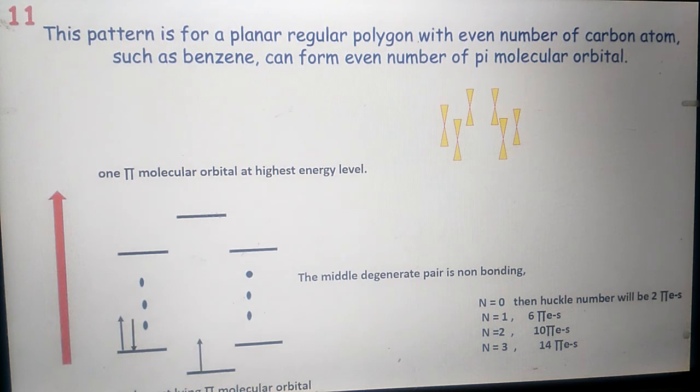If we take the example of benzene, which consists of 6 p orbitals and 6 electrons, and we accommodate them in this, we get a closed shell structure, and it is according to Huckel's rule. So for an even number of carbon atoms, Huckel showed this pattern.